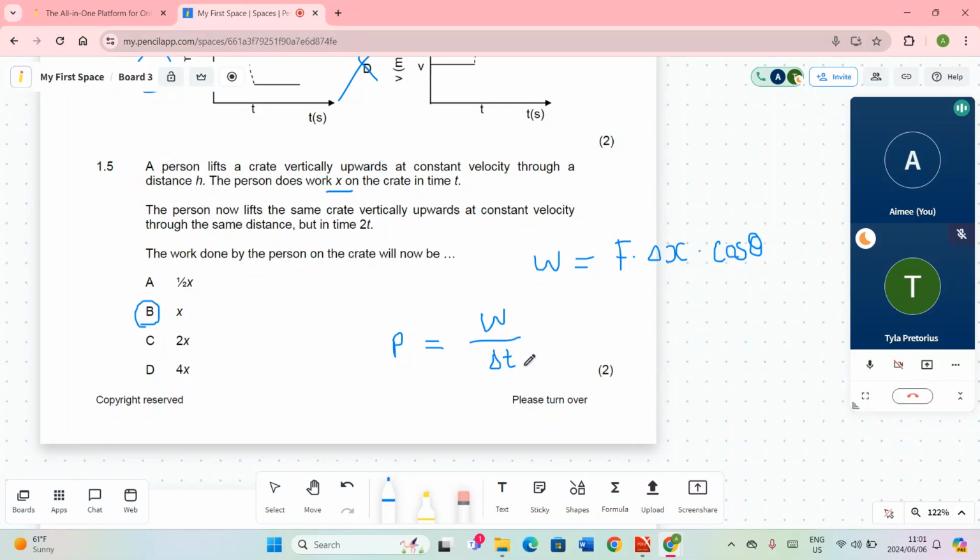So if the question had been about power and not about work, increasing the time by 2 would have halved our power, which meant our answer would have been half x. But it doesn't. It's asking about work. And for work, time does not have an effect on the work done. Which means what? It means that the work done in scenario A is equal to the work done in scenario B. Okay.